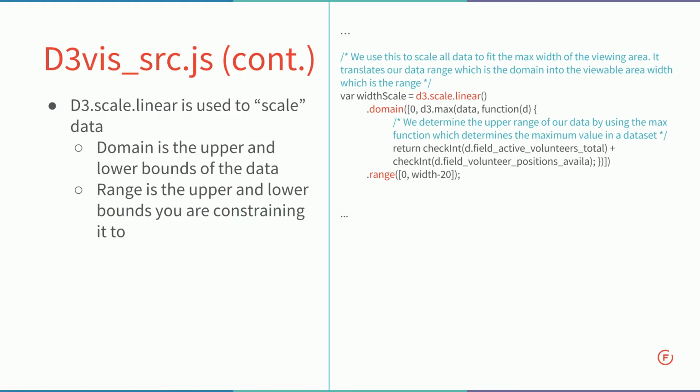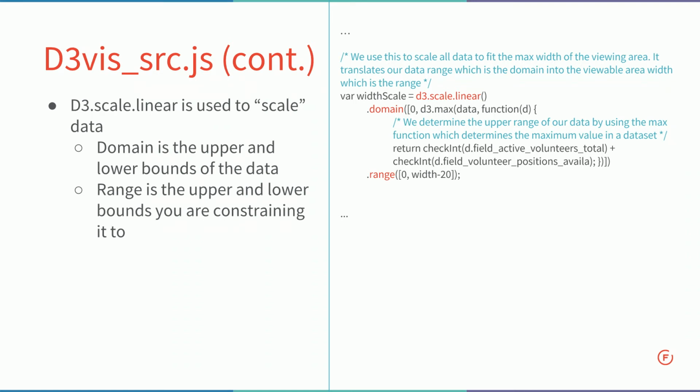We tell it what is the actual domain. The domain is going to be the actual upper and lower bounds of our data. The lower bound is 0 because that's the absolute minimum that you can have. For the upper bound, we're going to have a function where we go in and look for the maximum. That's why I have that d3.max, which is another really cool D3 function that we use a lot.